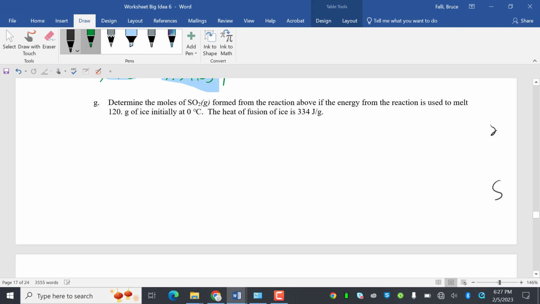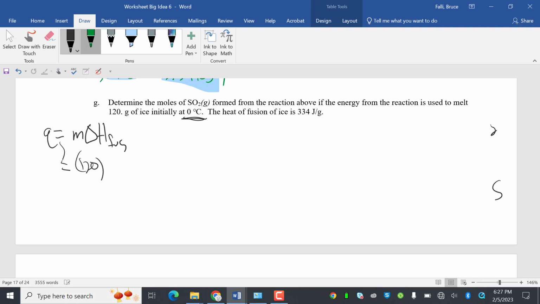Determine the moles of SO2 formed from the reaction above if the energy from the reaction is used to melt 120 grams of ice. Okay, moles of SO2 formed if the energy from the reaction is used to melt 120 grams of ice initially at 0. So I have to do this Q part first. I'm melting only, delta H fusion. The ice is at 0, so I don't have to change the temperature of it. 120 grams of ice.